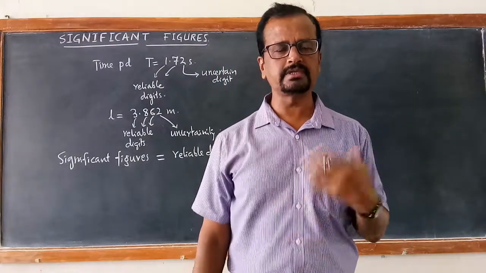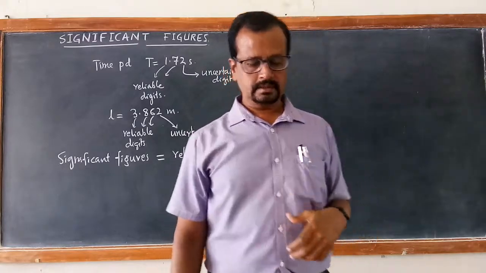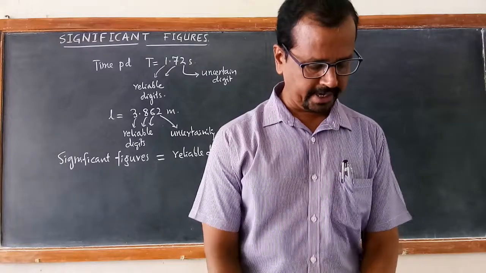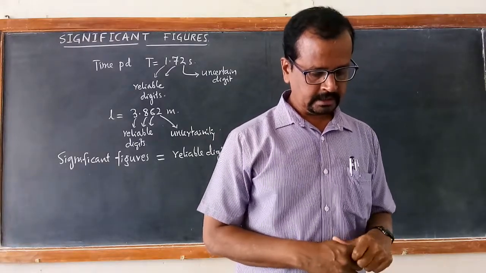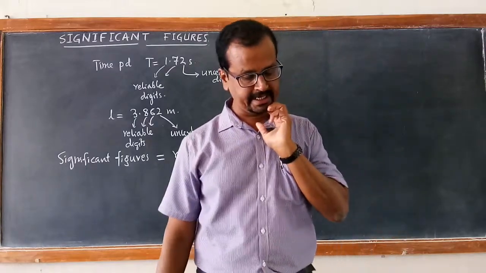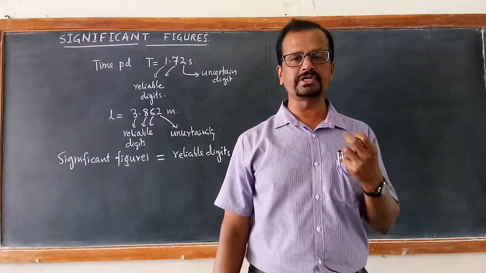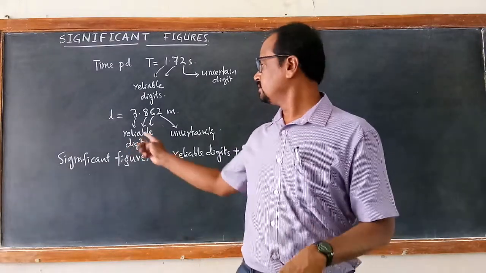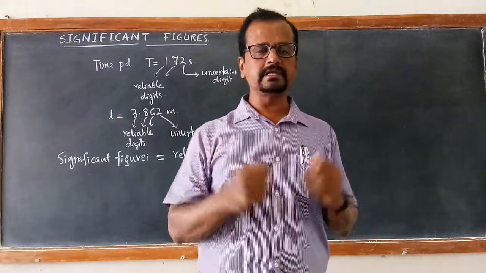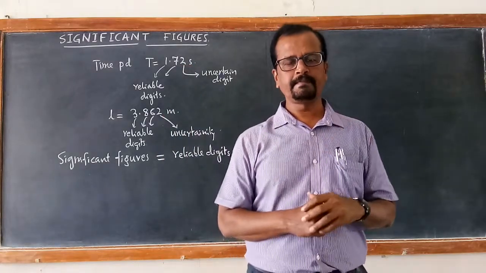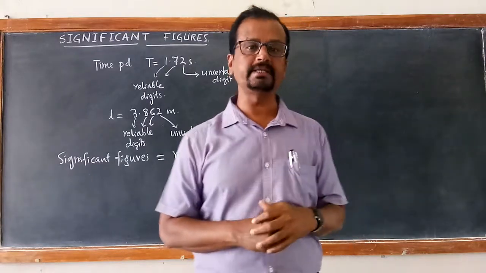Let us follow certain examples, and there are certain rules to be followed to find out the exact significant figures. The significant figures also indicate the precision of a measurement. The significant figures of a particular length, time period or any result express the precision of the experiment, the precision of the instrument involved.